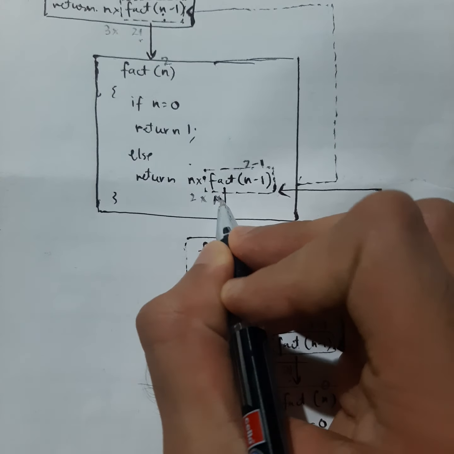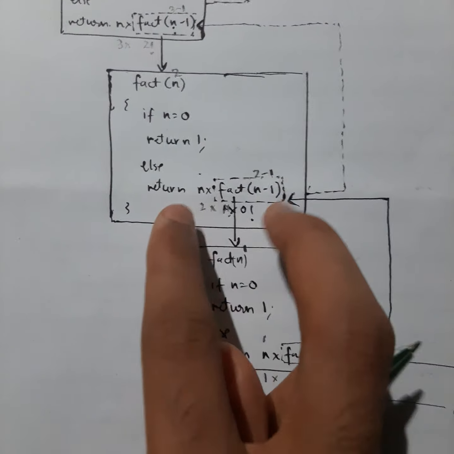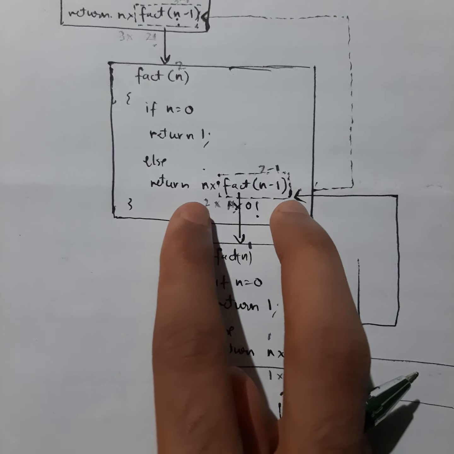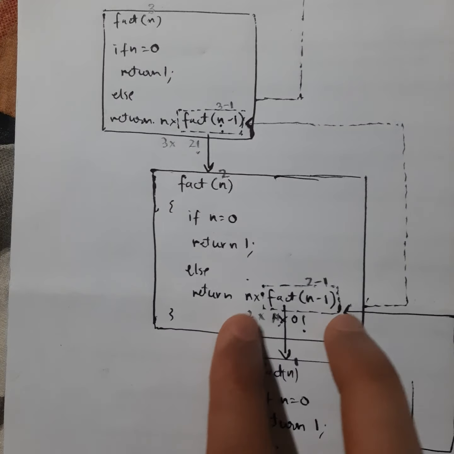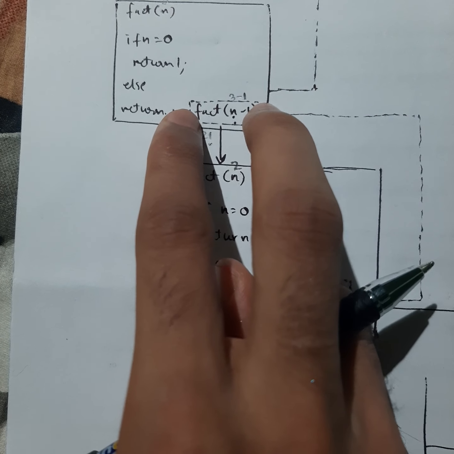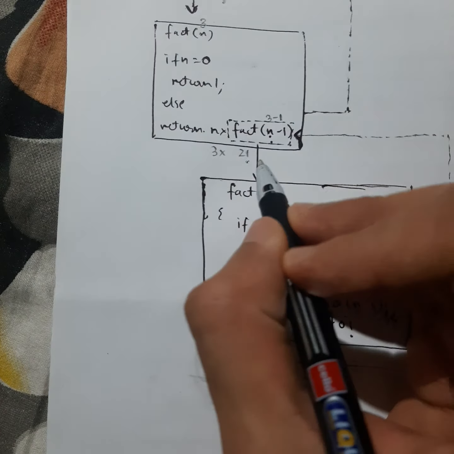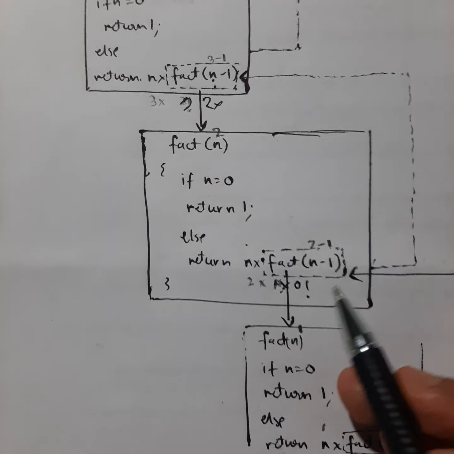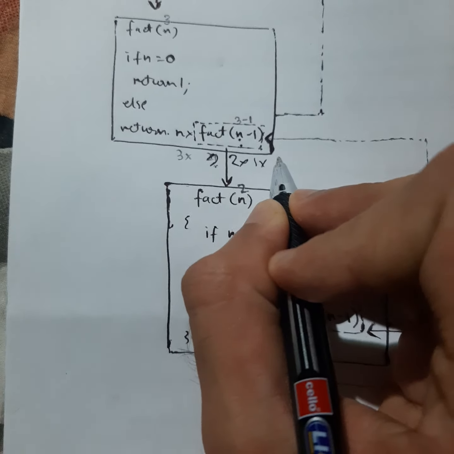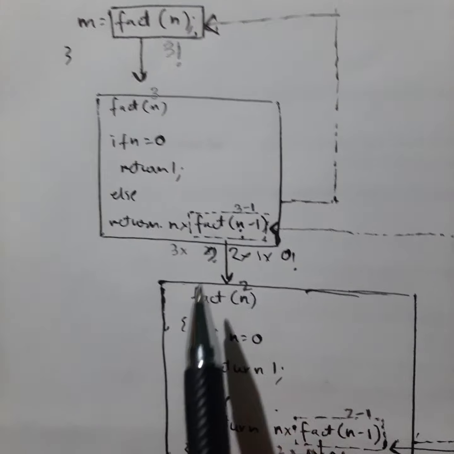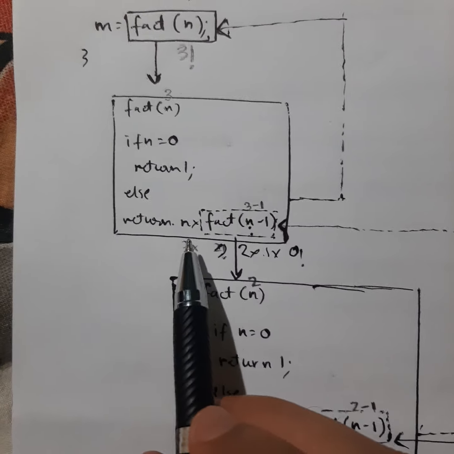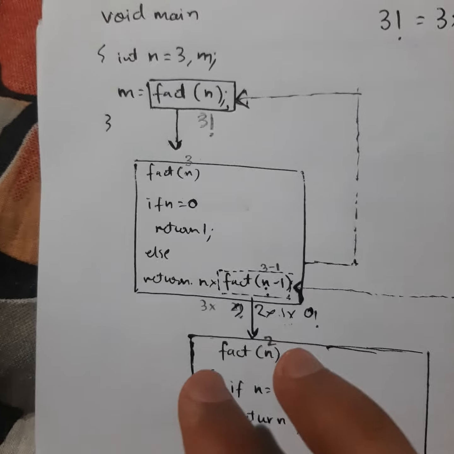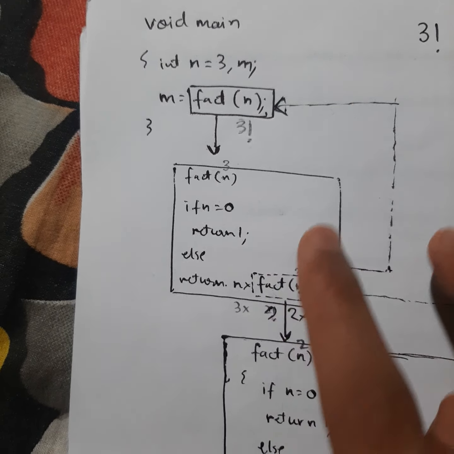So what will it contain? 1 into 0 factorial. Now 2 into 1 into 0 factorial, this whole thing will get replaced in this particular thing. So this thing will get replaced by this. Again here n is equal to 3 and this whole answer should get replaced here.